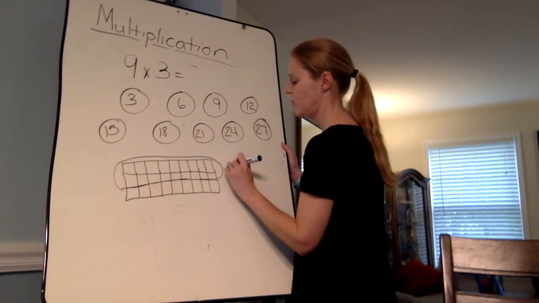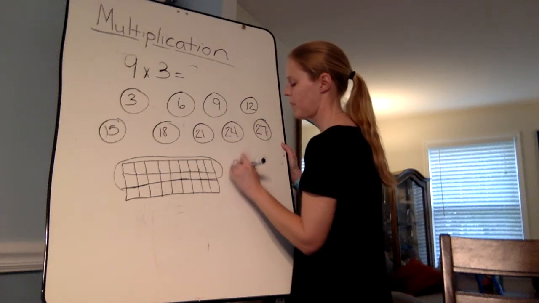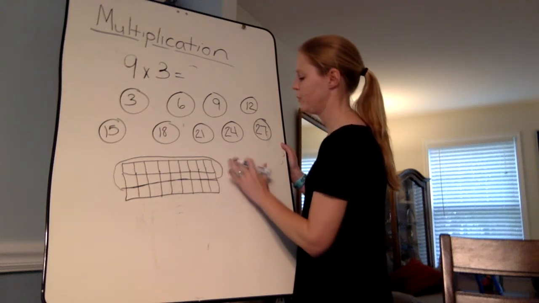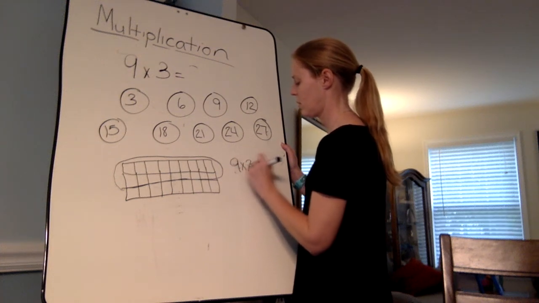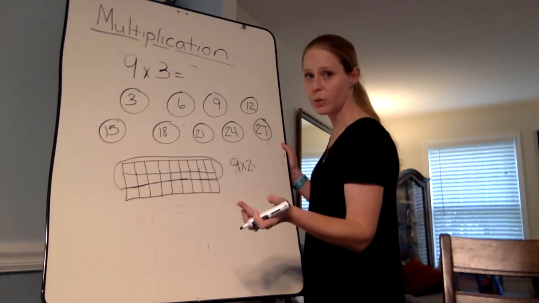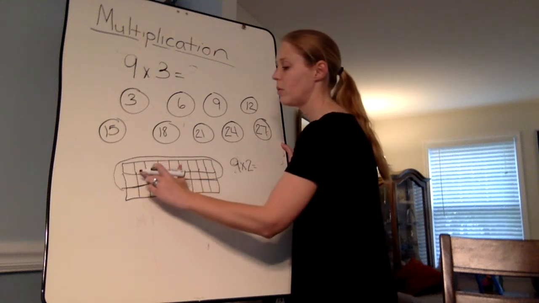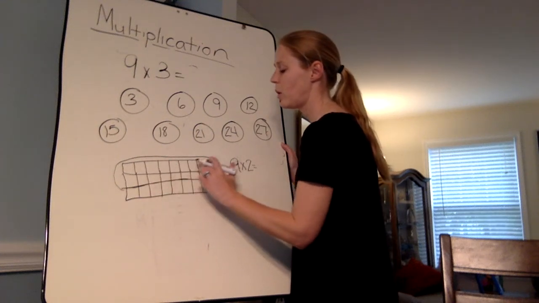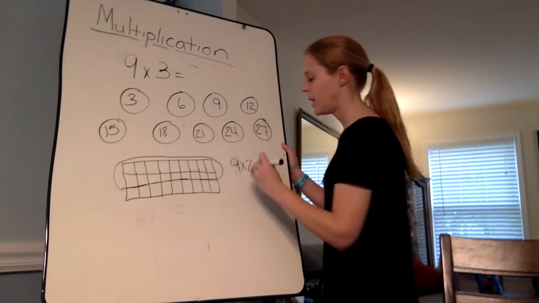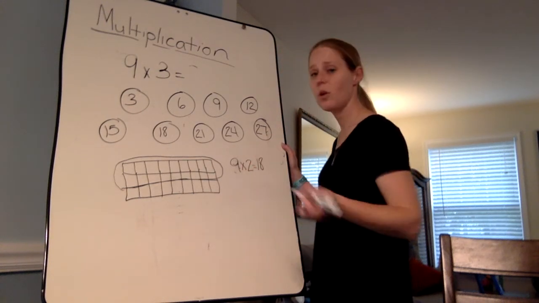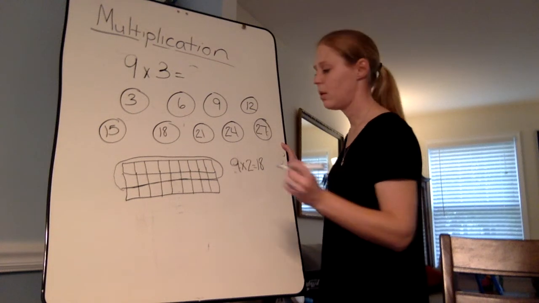So I'm doing 9 times 2, or 2 times 9. I like my 2s. They're easier to count. 2, 4, 6, 8, 10, 12, 14, 16, 18. 9 times 2 is 18. That's a known fact. It's what I'm comfortable with.